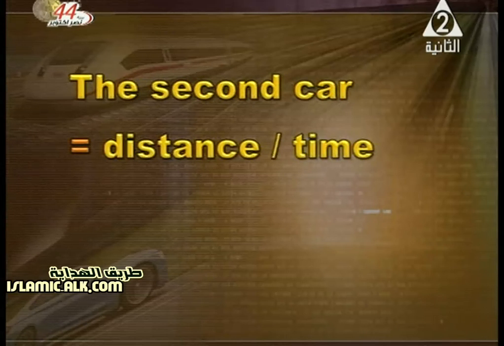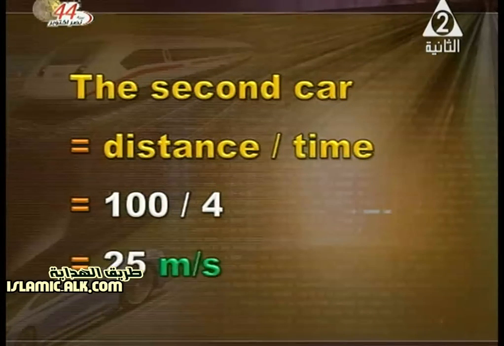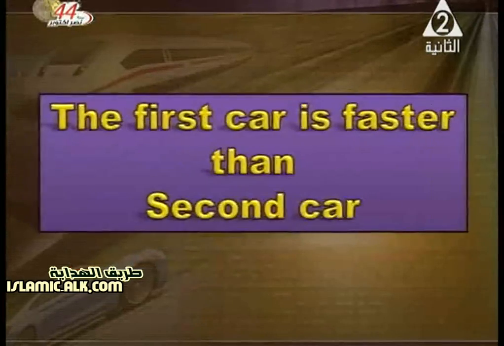The law: distance per time. It means 100 per 4. What do you say now? We can say 25 meters per second. Now, which one is faster? Good, my dear. We can say the first car is faster than the second.